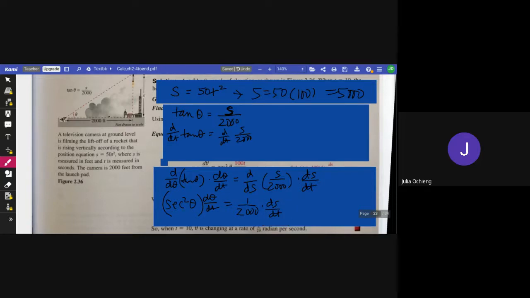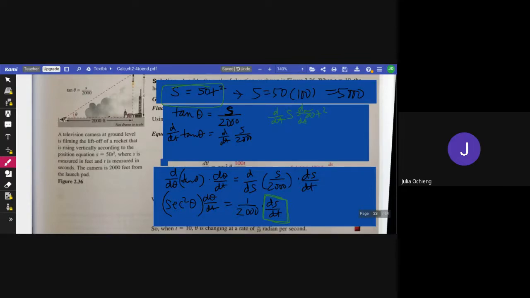So let's even use a different color here to denote that we're doing that. So I'm looking for this value, so I'm going to have to use this equation right here. So let's do that over here. I'm going to find the derivative of that in terms of t. Chain rule on this side, or excuse me, not chain rule.